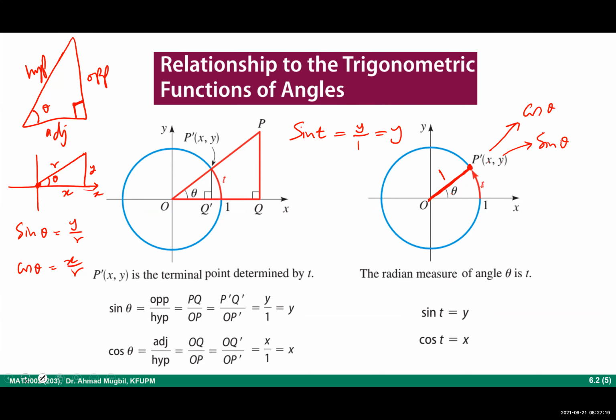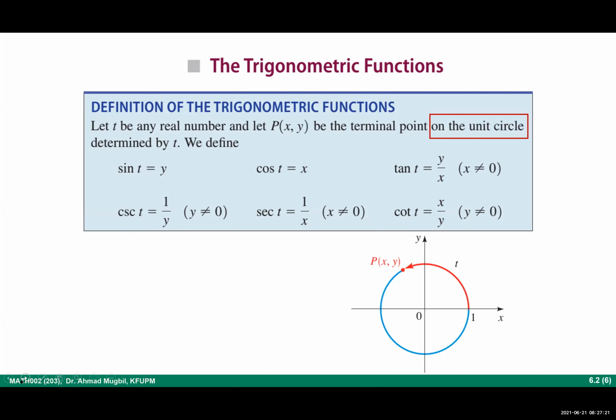So if t is any real number, and this point is the terminal point on the unit circle, or a point on the terminal side if you want to think about it like an angle, but now we just make it much easier.